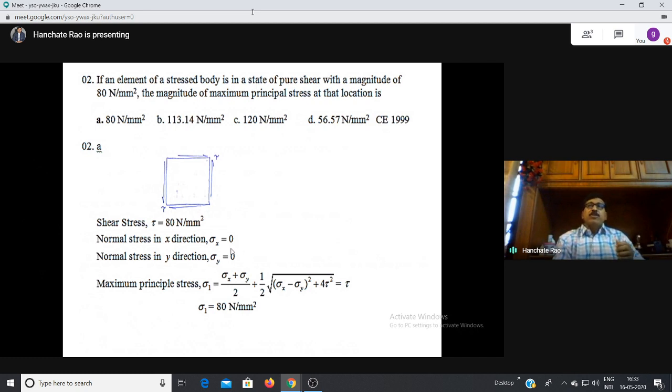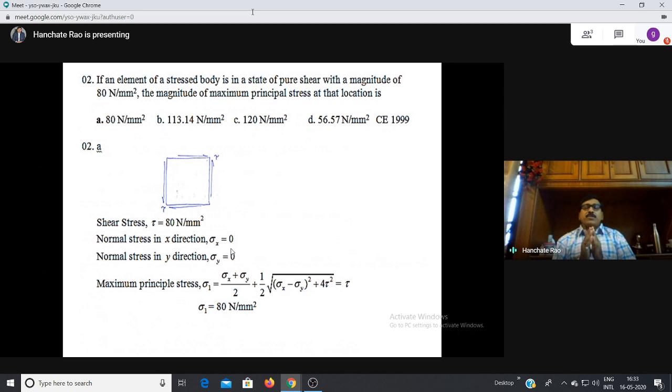The stress normal to the inclined plane is sigma n. The stress tangential to the inclined plane is sigma t. If the plane is such that sigma t is equal to 0, the plane is called a principal plane. A plane on which there is only normal stress and no shear stress is called the principal plane. So for a three-dimensional situation, we have three principal planes.